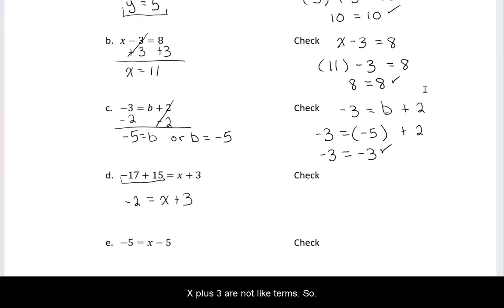X plus 3 are not like terms, so I can't combine them. So now I'm doing an addition of 3, right? So it's x plus 3. So to cancel the plus 3, I have to subtract 3. And again, anytime I do something to one side, I have to do it to the other. So here I get -5 equals x. And that is my final answer.